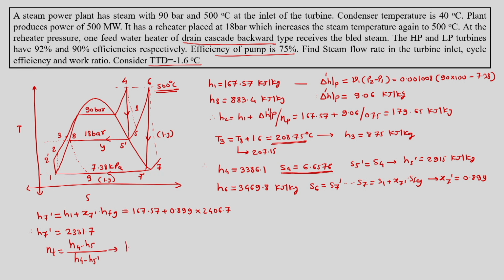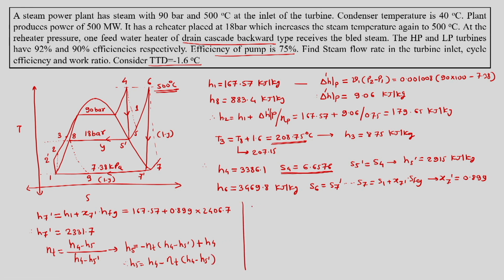This gives us a hint to find H5, which is turbine efficiency into H4 minus H5 dash, and then it will have a minus sign, and then we will have plus H4. So H5 is equal to H4 minus turbine efficiency into H4 minus H5 dash.